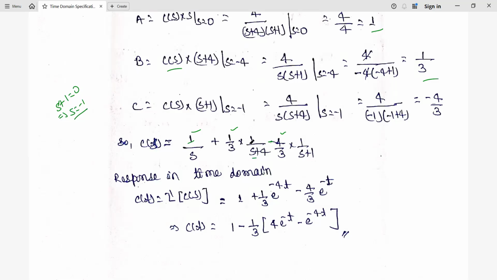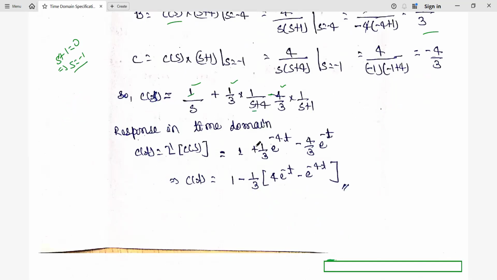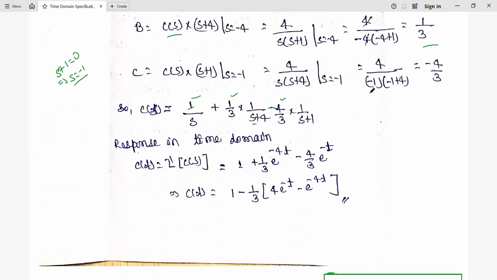Now we need to obtain this in the time domain, so we need to take the Laplace inverse. You know that Laplace of 1 is 1 by s, so Laplace inverse of 1 by s is 1.